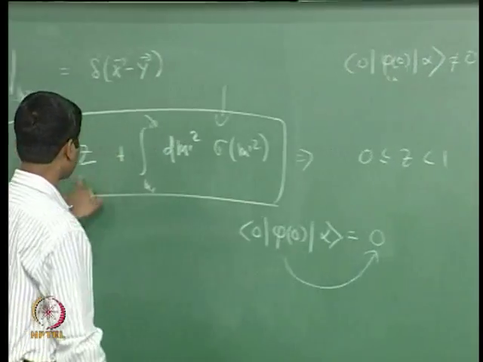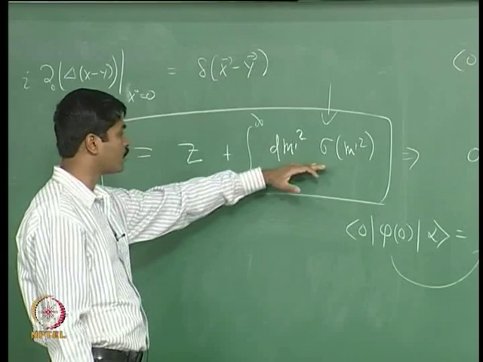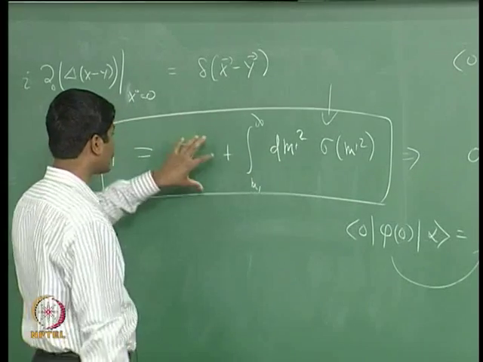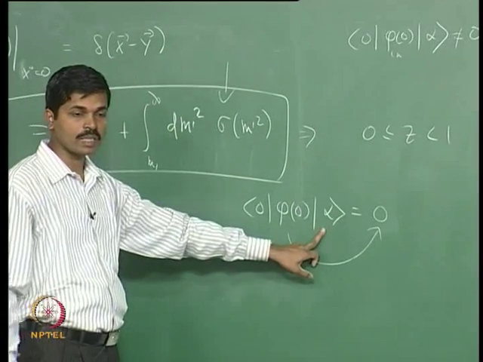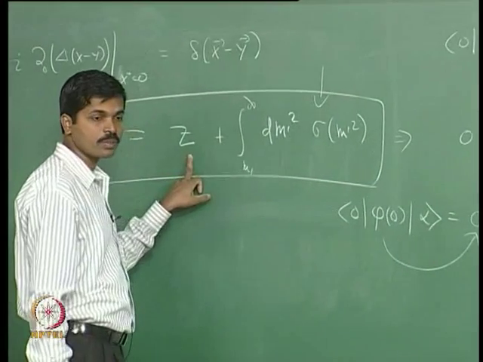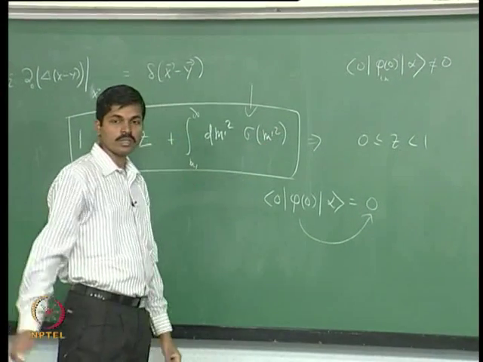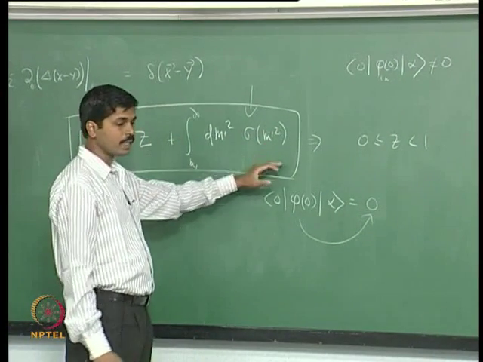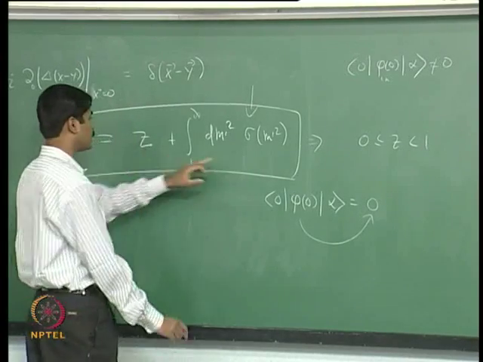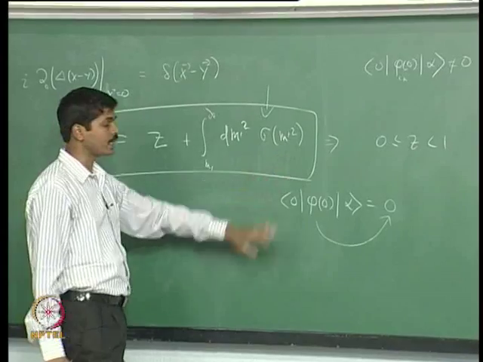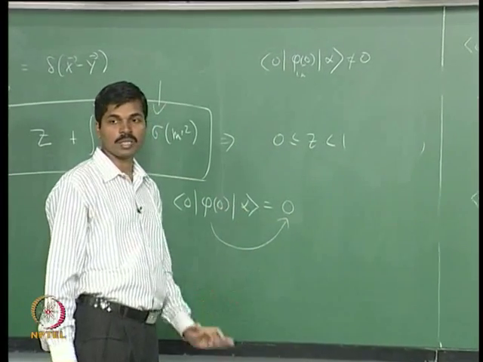Here I have separated out the single particle state contribution and the multi-particle state contribution. When alpha is a single particle state, you get the first term here, and when alpha is a multi-particle state, you get all the terms here, and this quantity z equal to 1 essentially means that this has to be 0 here, and thus that means that this is 0 when this alpha is a multi-particle state.